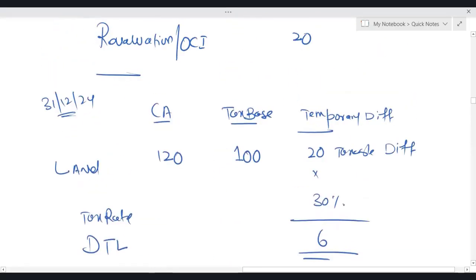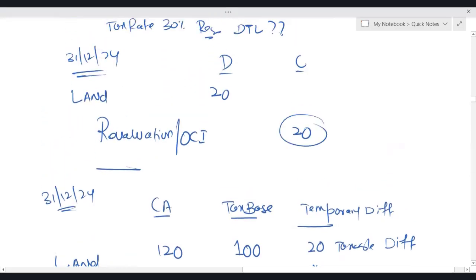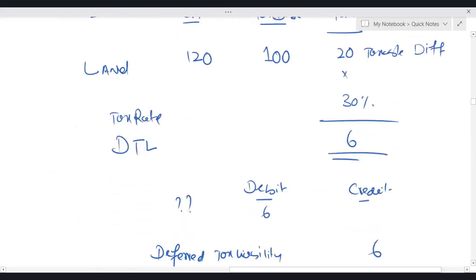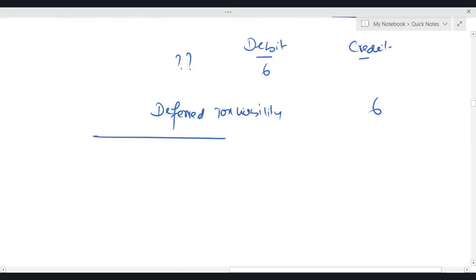Logically, the original cost of the land is 100, carrying amount is 120. The 20 difference, which is a taxable difference, is arising because of the revaluation surplus. So the concept is, if your deferred tax liability arises due to revaluation surplus, it will be charged to revaluation surplus, which means that we are required to debit the revaluation surplus/OCI.